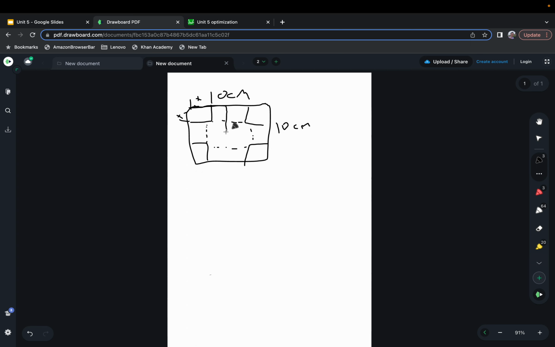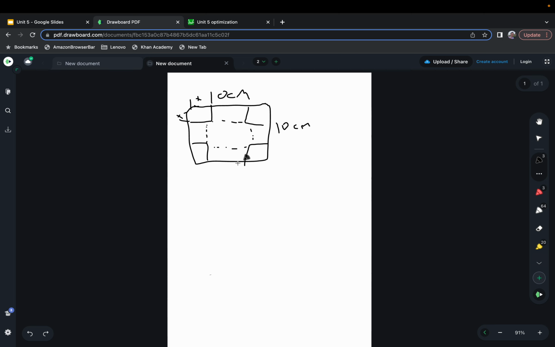If we were to cut a whole 5-centimeter square from each of the four corners, we're going to be cutting the entire box, if you can visually see that. We also cannot have a negative x because we cannot be cutting outside the box. So our x has to be less than 5 and greater than 0, but that won't come into play until the end of the problem.